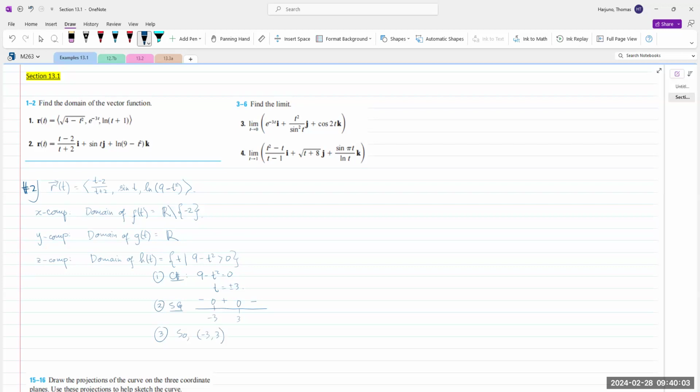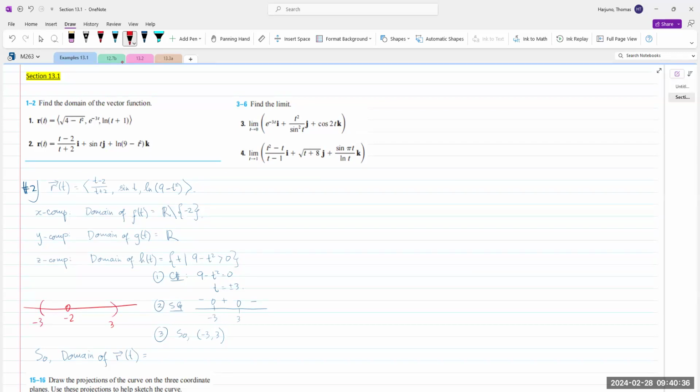Now, the domain of the vector function r(t) will be the intersection of all of those, so let's sketch that first. For f(t) it is everything except negative 2. For g(t) everything's okay, and for h(t) between negative 3 and 3.